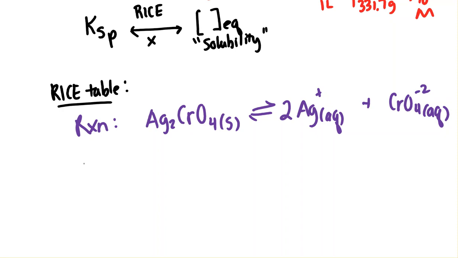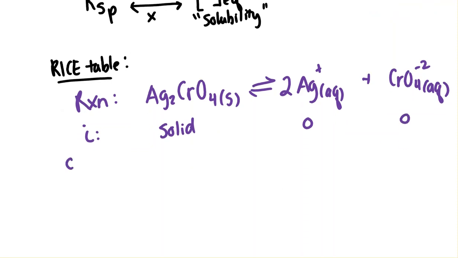The next part is the initial, and this is where you need to know what to assume. You assume that at the beginning, we always say initial, we just have solid and it's not in water yet. So I'm just going to write solid here and 0 for these because nothing has dissolved yet.